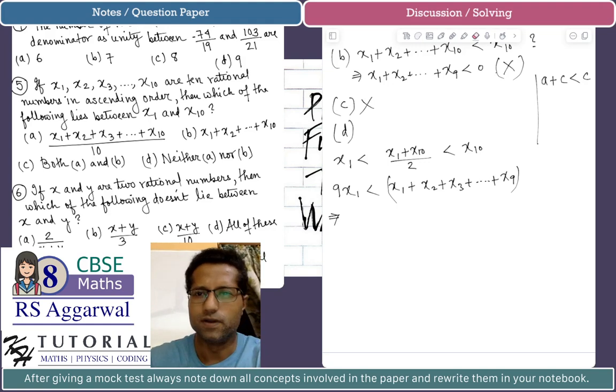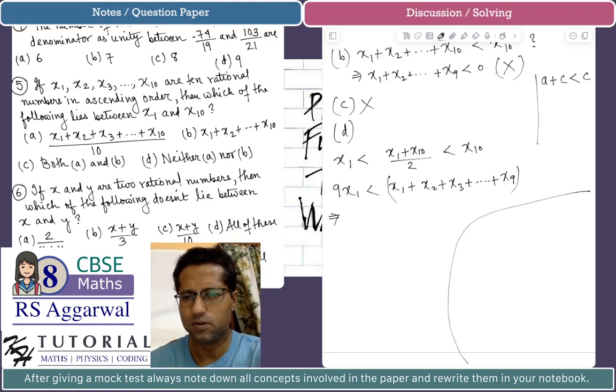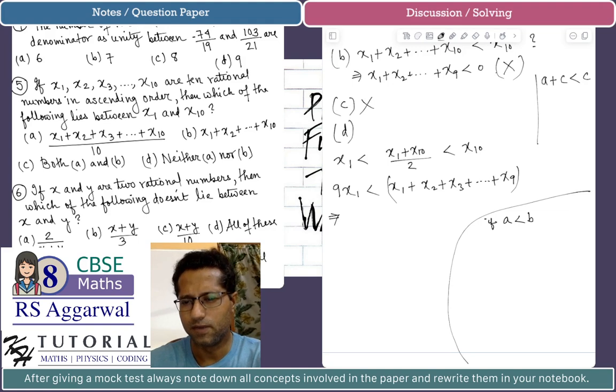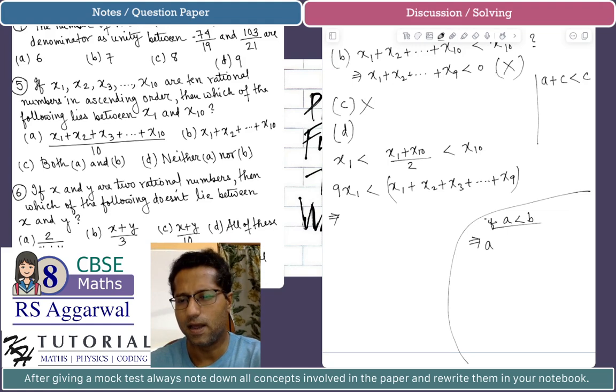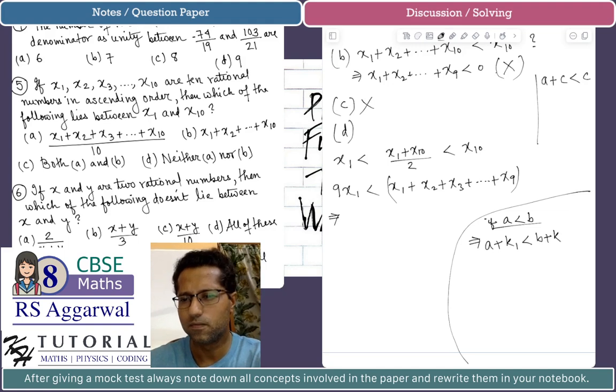One concept I am trying to verify is that if a is less than b, this will imply that a plus k1, where k1 and k2 are also some constant numbers, will be less than b plus k2, where we know that k1 is less than k2.